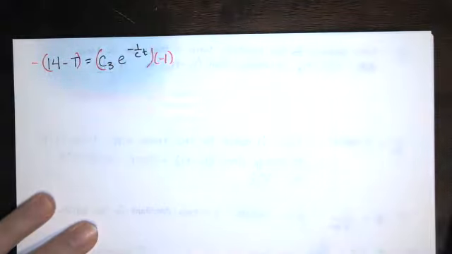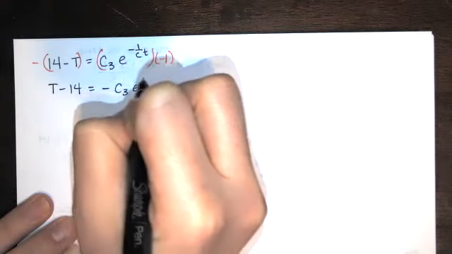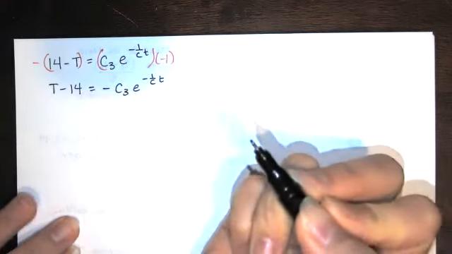So we have 14 minus T equals C3 times e to the -1 over c times t. Trying to get T by itself, so I will multiply both sides by -1. So that'll give me T minus 14 on the left and -C3 times e to the -1 over c times t on the right.